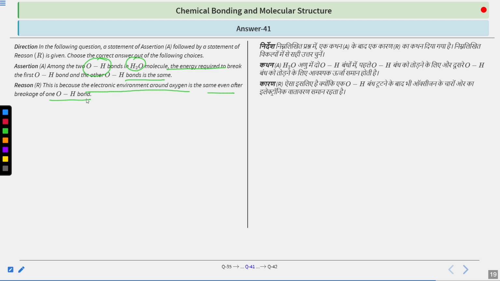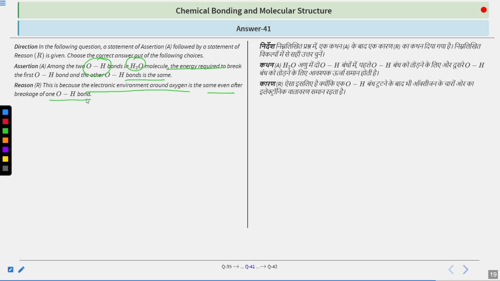So if you break the first OH bond and then try to break the second OH bond, the energy required is not the same, because the electronic environment around the oxygen has changed upon the first breakage.